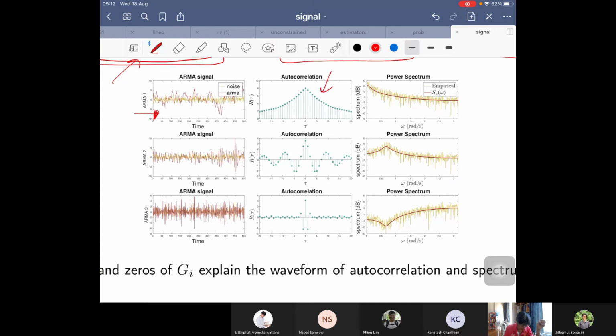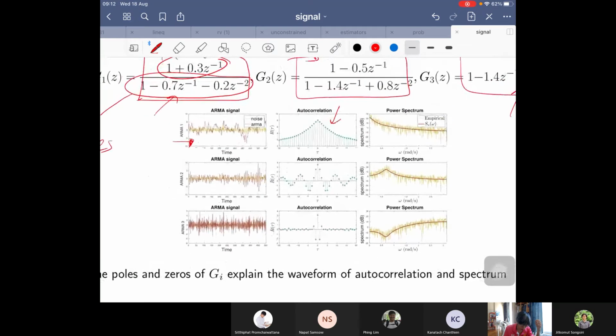If you look at the autocorrelation of the ARMA signal, this is G1, G2, and G3. For G1, your autocorrelation gradually decays. Why and how?